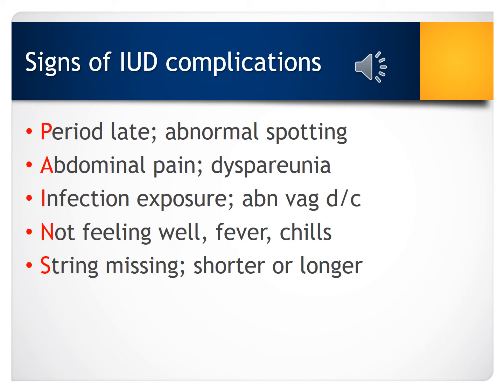If she's overall not feeling well, with fever, chills, that's not related to a common cold or an upper respiratory infection, and if her string is missing or she notes that it's shorter than usual. Women who have IUDs should check their strings every month after their menses.